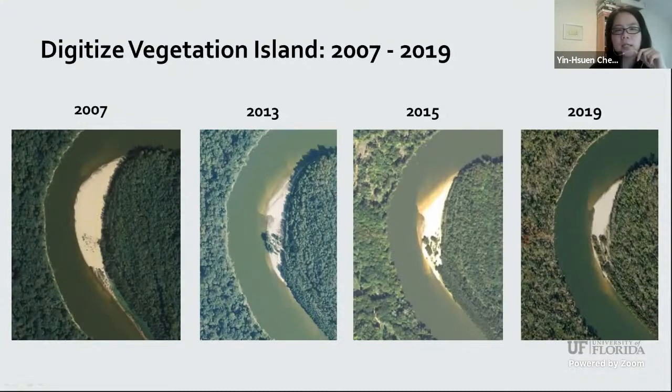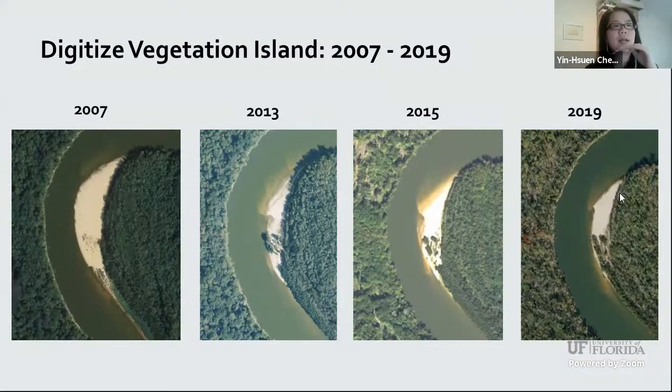All right, so here are the aerial photos showing a series of vegetation island developments on a point bar. As you can see, there are two more in between. In 2007, you can see there are only tiny dots on the point bar. They continued expanding in 2013 and 2015, right? And in 2019, they had already merged with the floodplain forest.